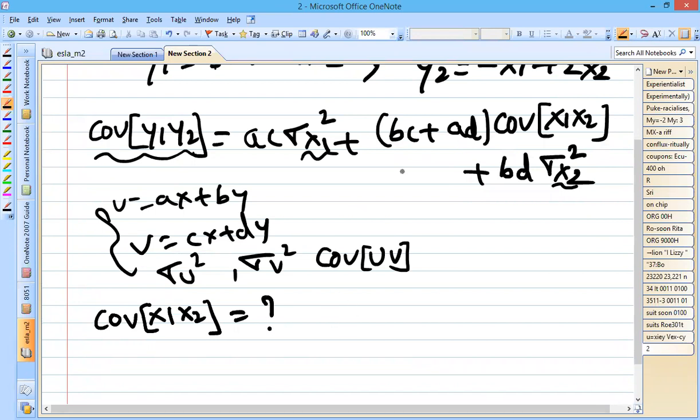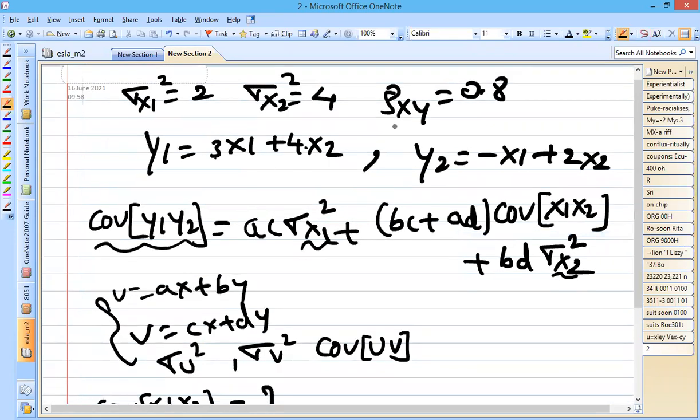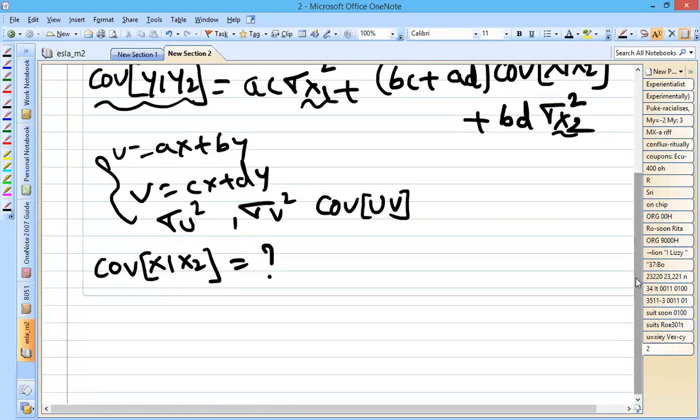If you observe the parameters that are given, we are given rho xy. Since the random variables are mentioned as x1 and x2, this represents rho x1, x2. We are given the variances as well as the correlation coefficient, so using these parameters we can write the equation of the covariance between x1 and x2.